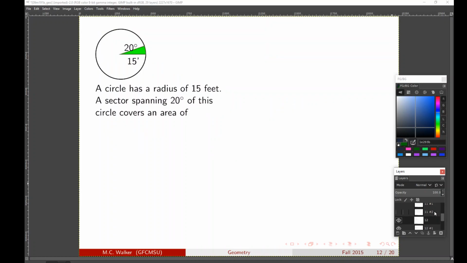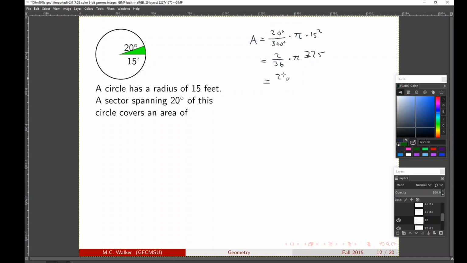So let's take a circle with a radius of 15 feet and let's find the area of a 20-degree sector. That's going to be our sector area here. 20 degrees out of a possible 360 degrees times pi times 15 squared. 20 out of 360 is 2 out of 36, and 15 squared is 225.